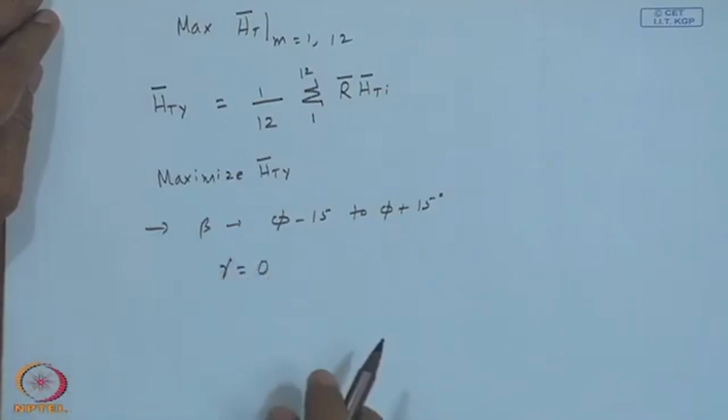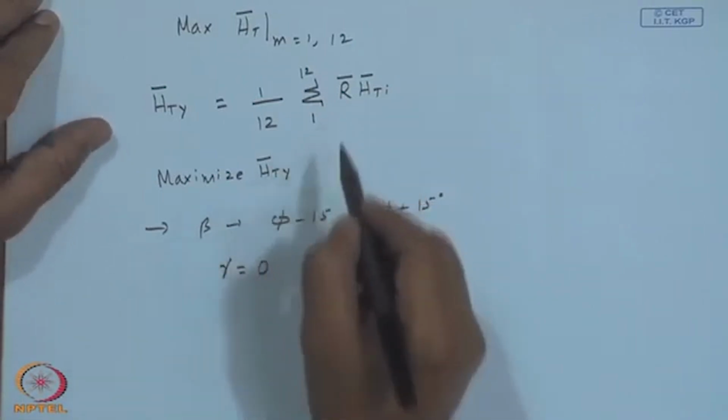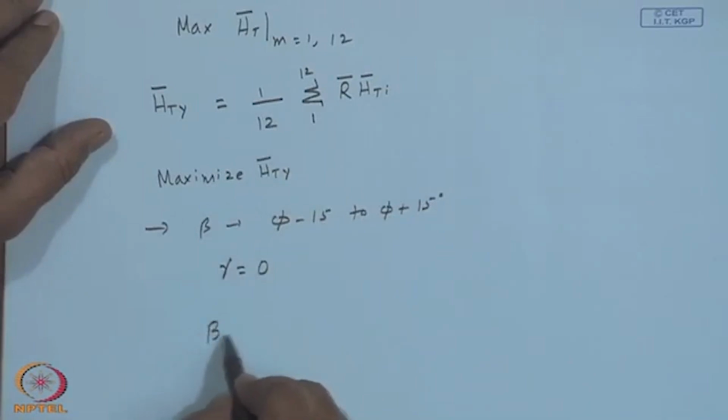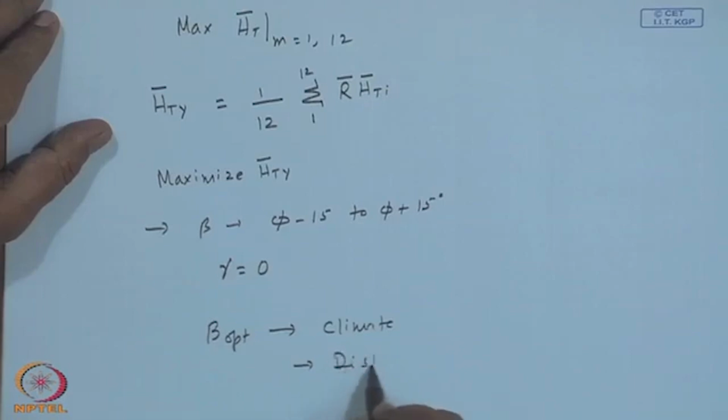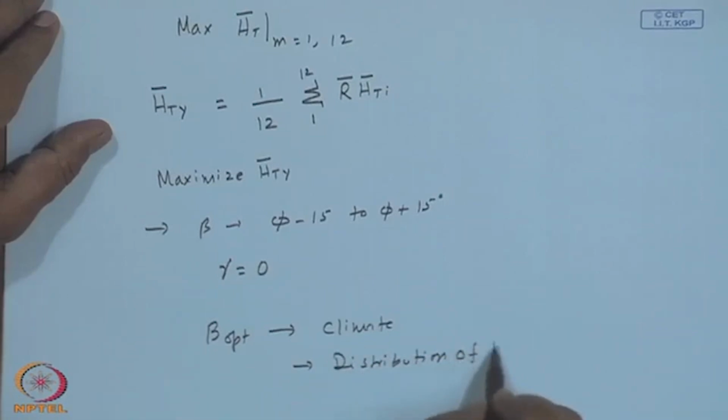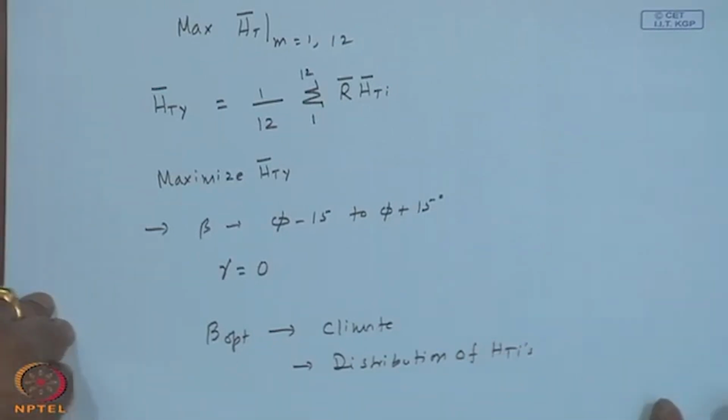and assume, of course, because my best orientation is gamma is 0, and we will try to compute, and now you will realize that this optimum beta depends upon the climate, meaning thereby distribution of HT bar. That means, it is not essential that June has the maximum solar radiation.